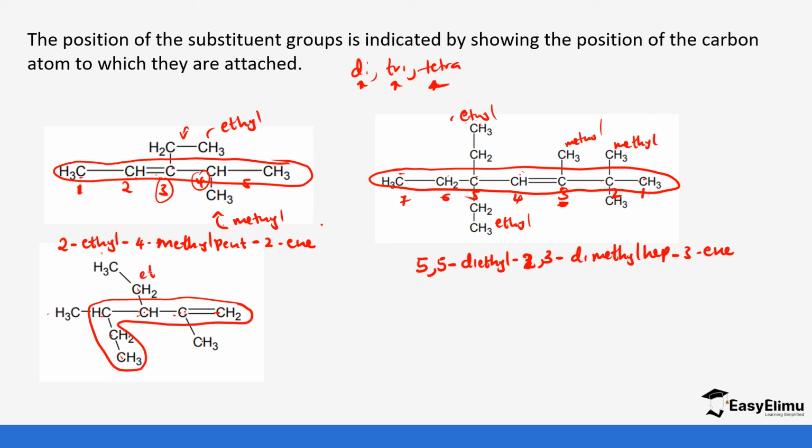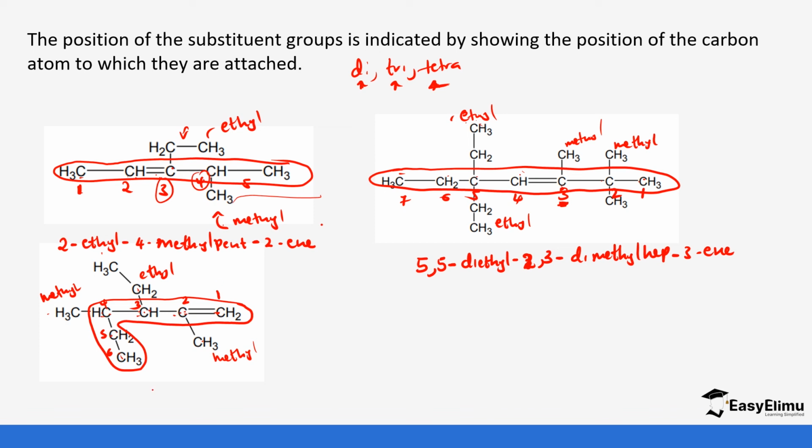So we have an ethyl here. We have a methyl. These are branches. And we have another methyl. The next thing we do is start numbering. We need to give the double bond the least number possible. So you start numbering 1, 2, 3, 4, 5, 6, so that the double bond is in carbon number 1.